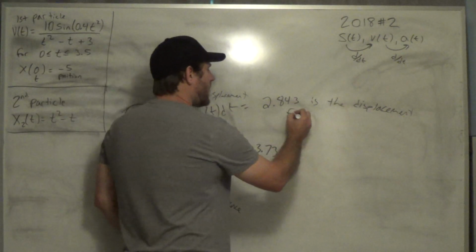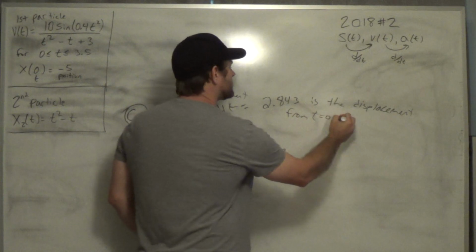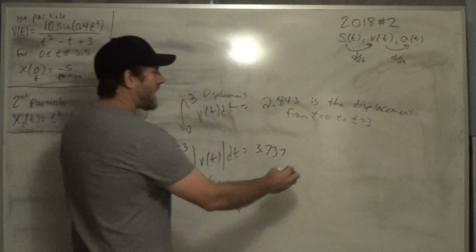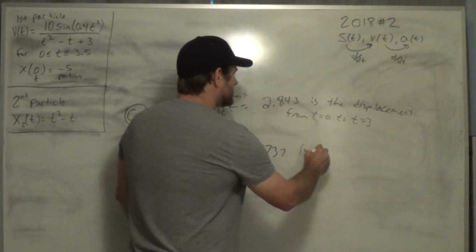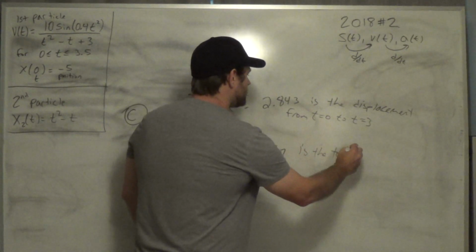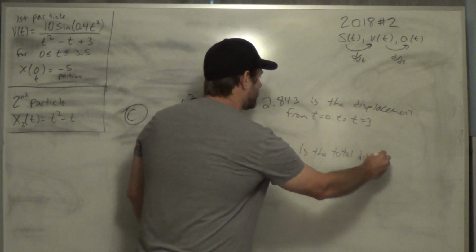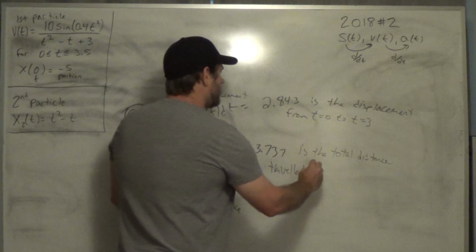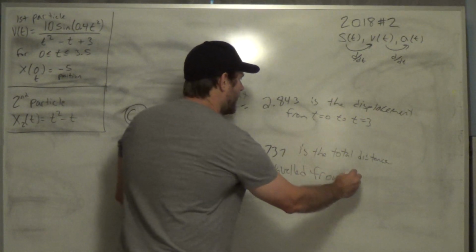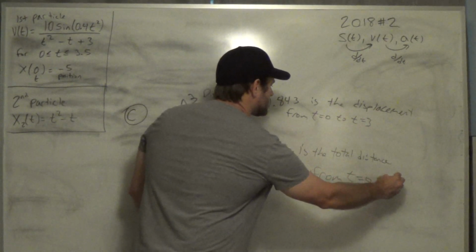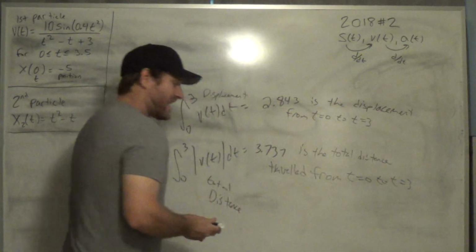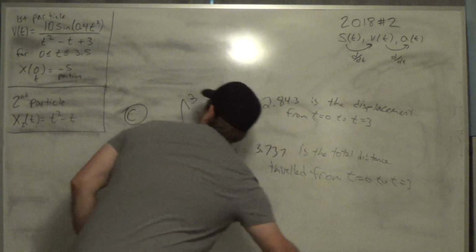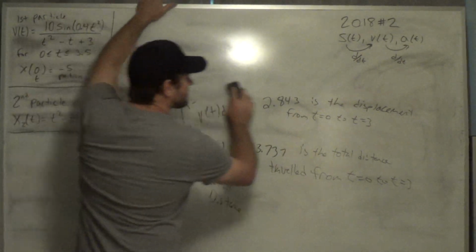So from time equals 0 to time equals 3. And this means the total distance traveled from, and you got to talk about time, time equals 0 to time equals 3. Again, part A, B, and C, easy, easy, easy. We like this. Some quick points, and now we're going to go to part D.